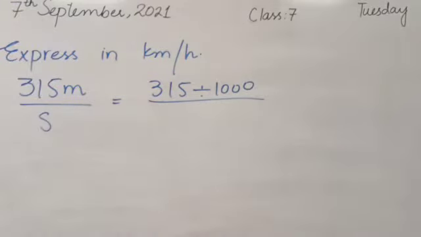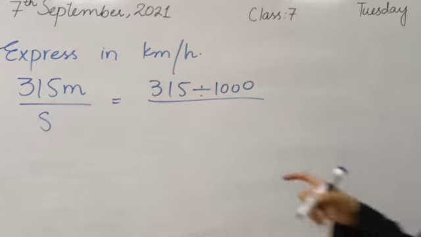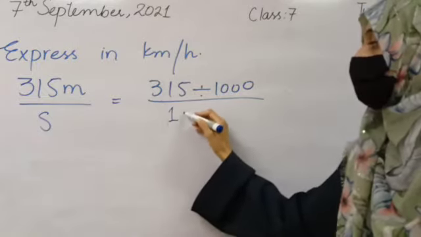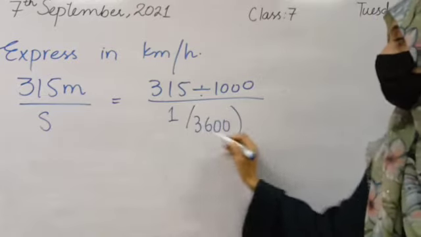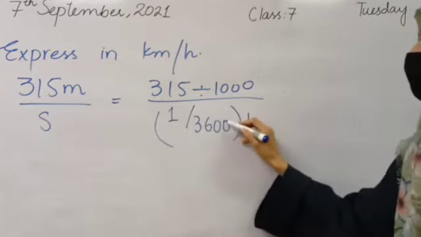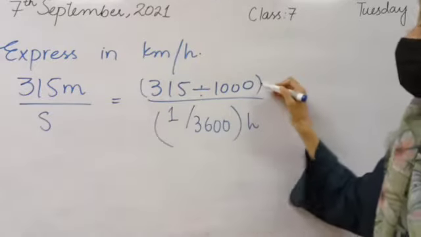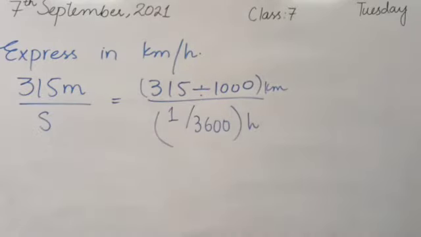This is second. What is the conversion factor for second into hour? Divide this second by 3600. Now this is in hour and this is in kilometer. We write the conversions.